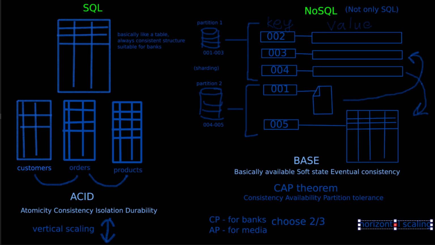And if SQL has vertical scaling, meaning you simply buy, in place of this one small server, another, bigger one, for NoSQL we've got horizontal scaling. What does it mean? That means that you can buy several servers and put them in a row, and each one of them would serve some data and would contribute to the whole system.